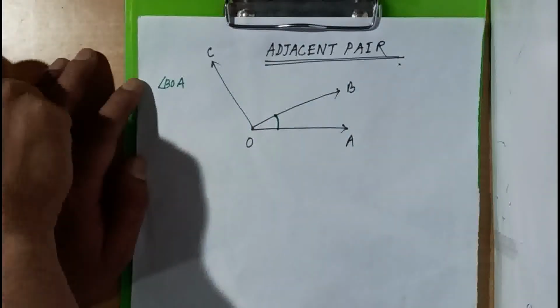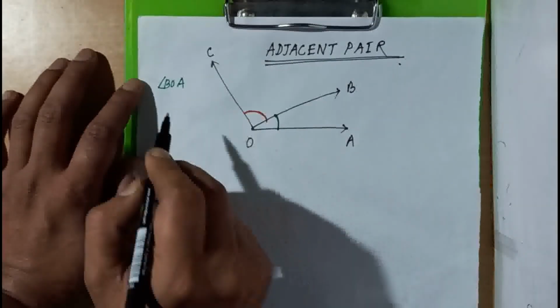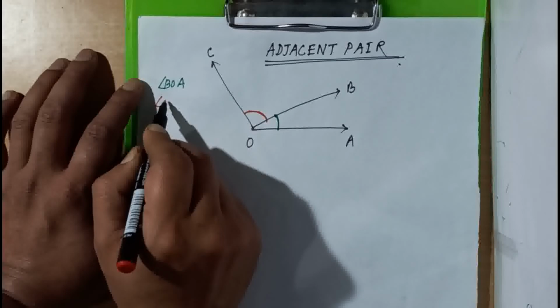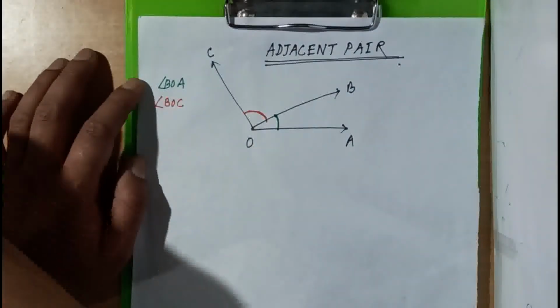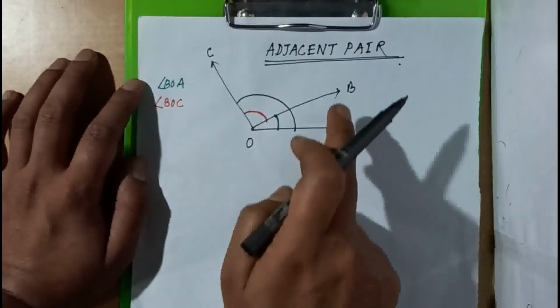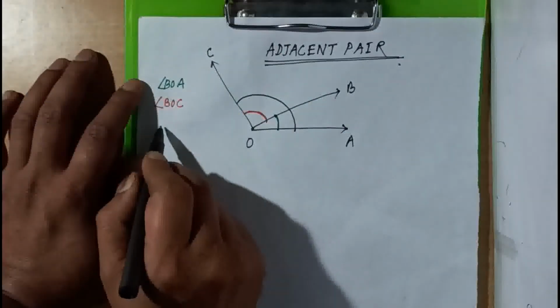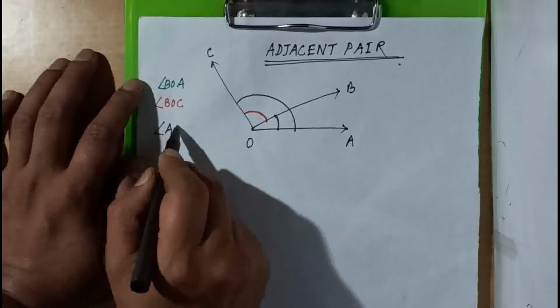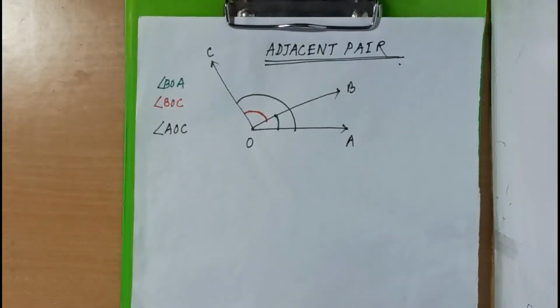Then the red color angle, BOC, and then the whole angle, this angle. If you don't consider the middle ray, then this also forms an angle, which is AOC. Total there are three angles formed.